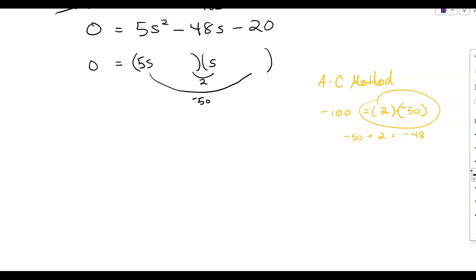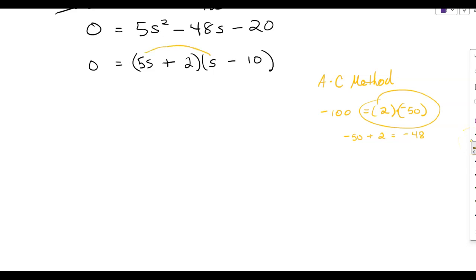And over here, we'll have our 2s, right? 5 times a negative 10, right, would give me the negative 50s. I'm going to make that look nicer in a second. And then the 2s here. So if we want a positive 2s, we can put our plus here, right? And let me scoot that minus 10 in a little closer. So minus 10.